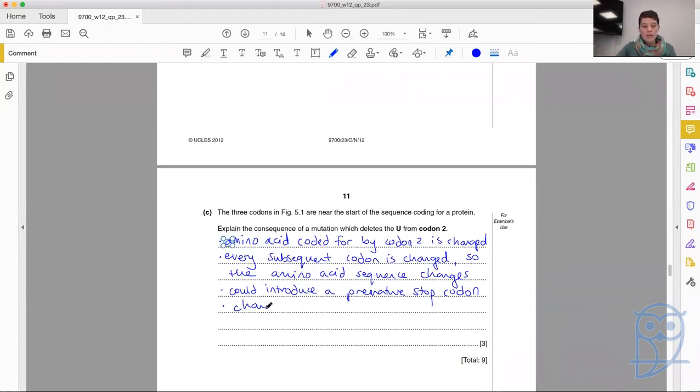So we're going to change the primary, secondary, and tertiary structure of the protein, leading to a dysfunctional protein.